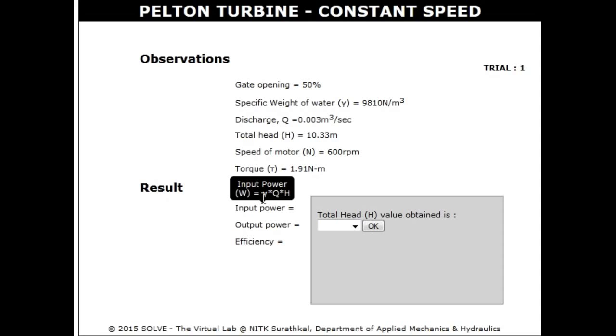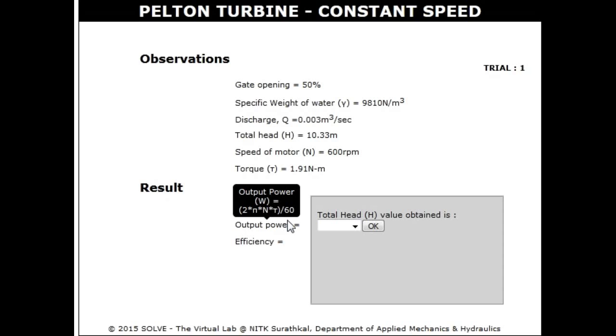So with the help of the head over the turbine, we can calculate the input power. Output power is shaft power, which is nothing but 2 pi N T by 60,000, in terms of kilowatt.